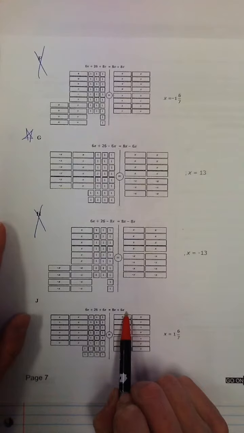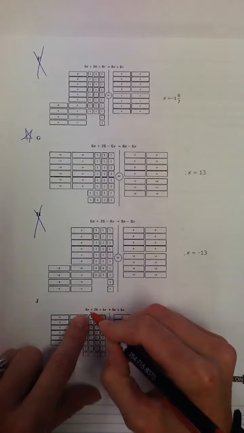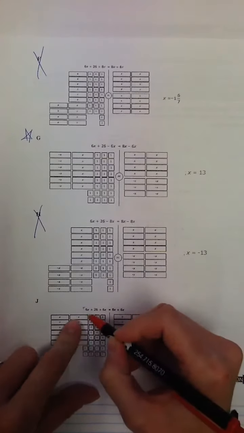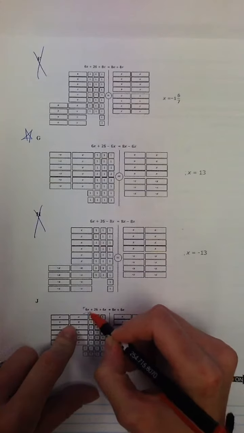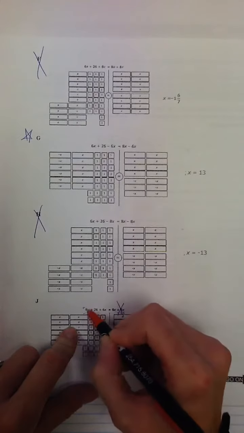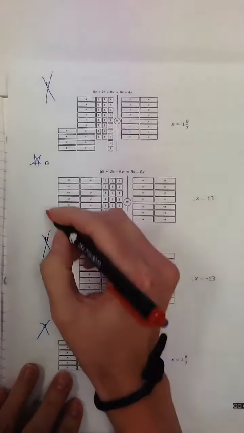Holy cow. They're moving 6x, it looks like, but since it was positive over here, the opposite would be subtraction. So minus 6x, minus 6x. They're doing the wrong operation, so no. G is the only one that makes sense.